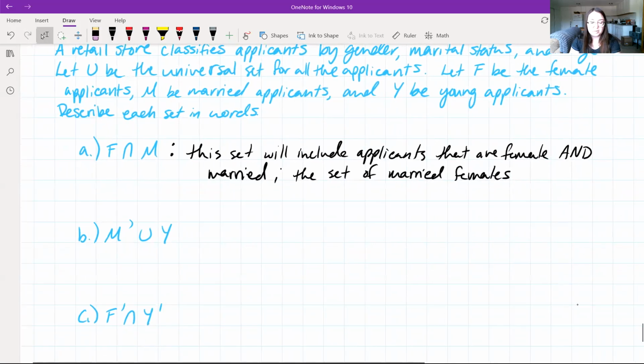Then moving on to B, we have M prime union with Y. We know M is married applicants, so we're thinking about our universal set of all of our applicants, but the complement of married, so basically not married, with the union of young applicants.